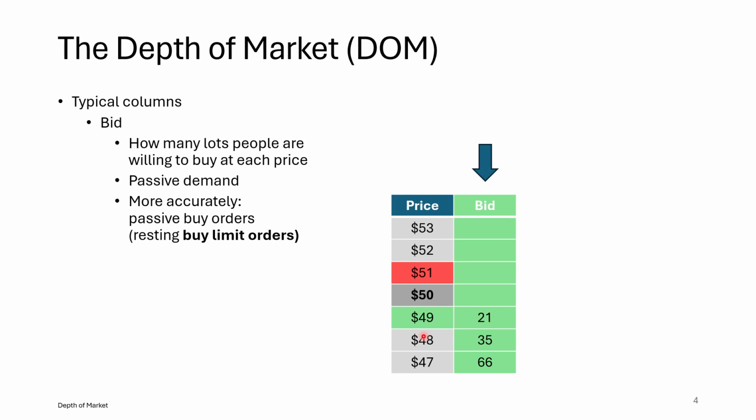For example, at $48, people are willing to buy in total 35 lots at that price. And at a price of $47, people are willing to buy 66 lots in total. So think of it like that. Instead of immediately entering the market and immediately executing a trade at the current price, you could also say, hey, I want to wait for a better price.